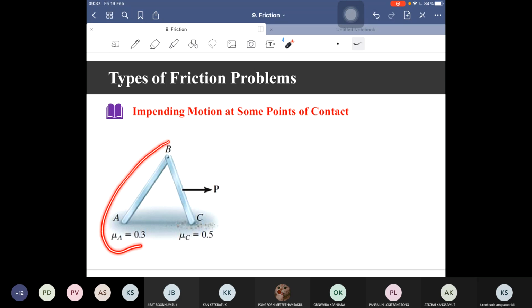Okay, so first let's draw a free body diagram. We need to separate these two bars from each other. So we have bar AB and the bar BC.